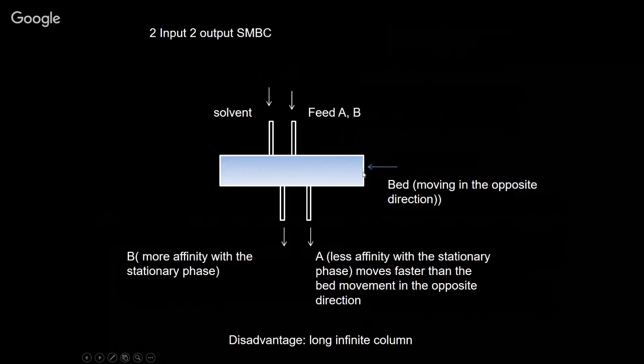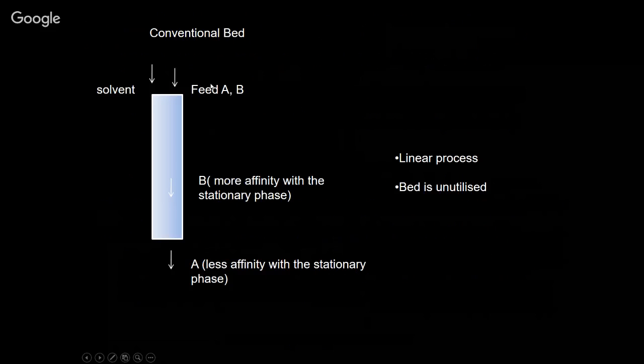Suppose you have a long column and the bed is moving, so B is sort of captured with the bed and moves forward, so B comes down here and A comes down here. There is an advantage because you can continuously collect B, continuously collect A, continuously feed, and continuously add solvent, unlike your original method, which is more like a batch process.